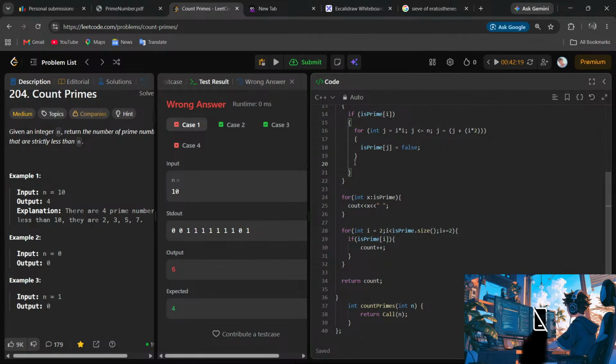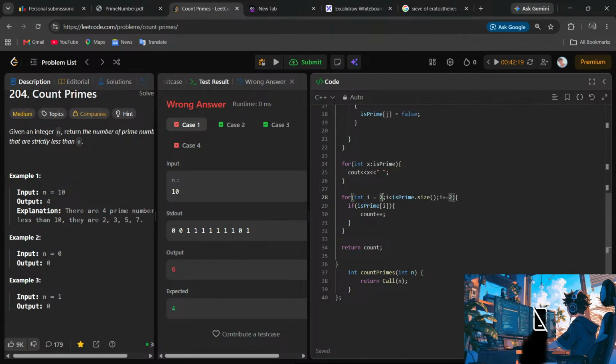And after that, what is the next number? The next number after 15 is 21. So i will be 3, so 3 into 2 will be 6, and 15 plus 6 will be 21. So this loop is also right. And this will tell me that all of these numbers are not prime numbers.